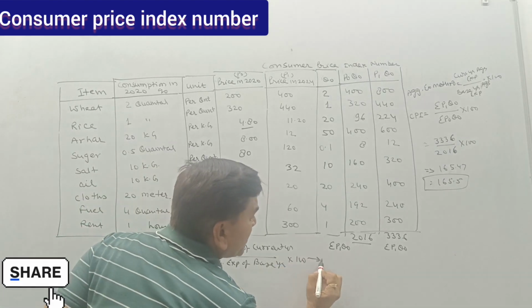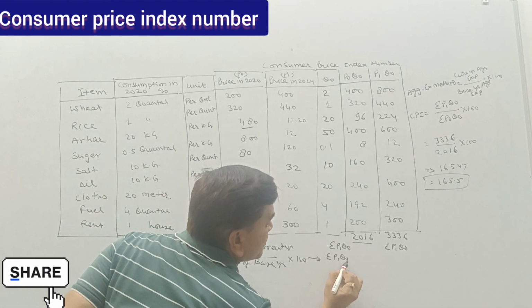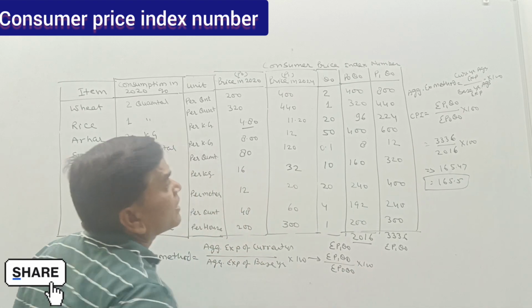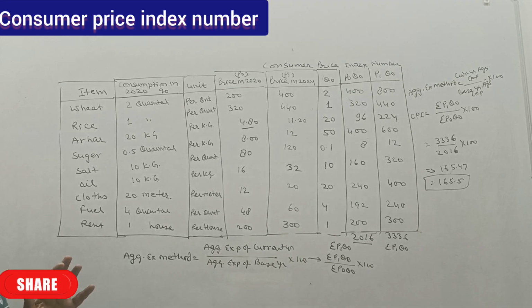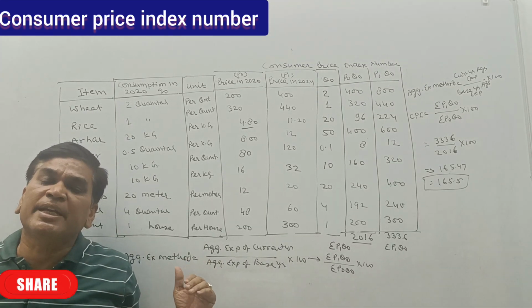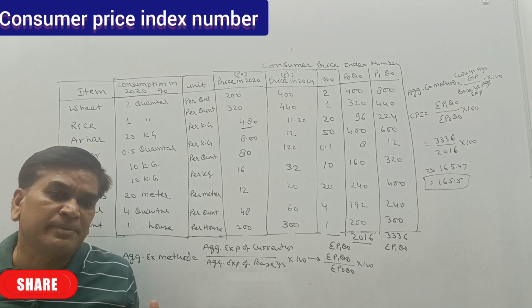So sigma P1 Q0 divided by sigma P0 Q0 multiplied by 100. It's very simple. With the help of this you can easily calculate the aggregate expenditure method.